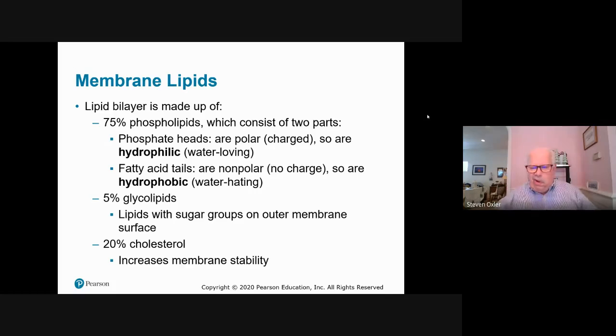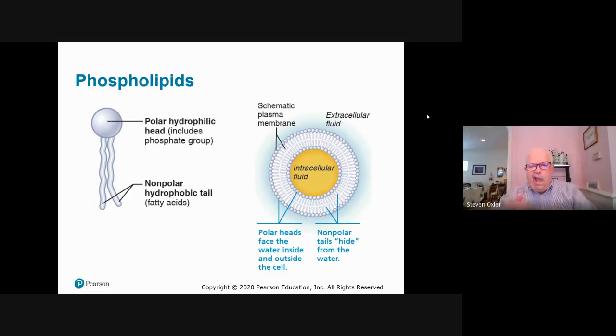And the cholesterol increases membrane stability. You may have heard in passing of good and bad cholesterol. Well, this is good cholesterol. And here it is. There is a polar head, which is hydrophilic, and a nonpolar tail, which is hydrophobic, loving water, hating water.